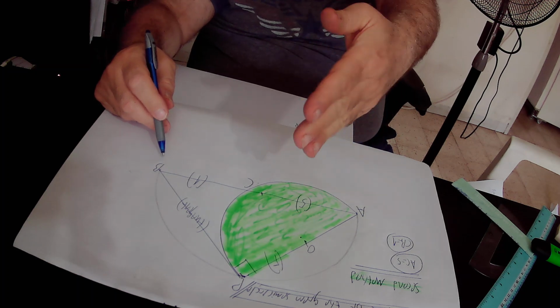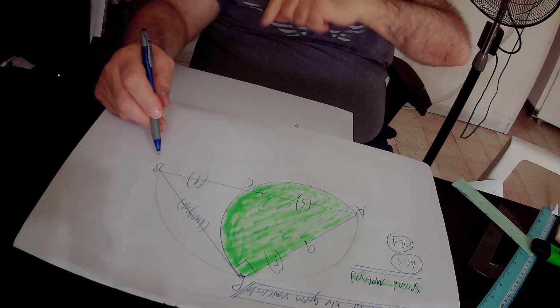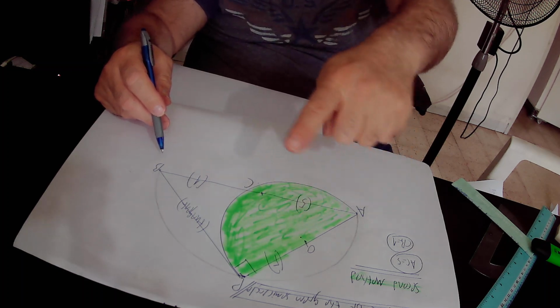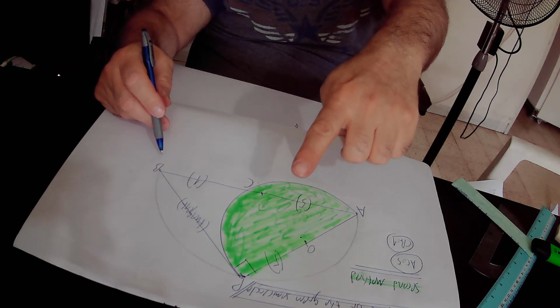CA is a chord of the green semicircle, and from the same external point, point B, we also have tangent BP, that is tangent to this semicircle at point P.